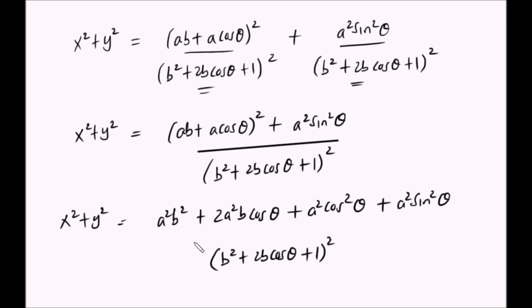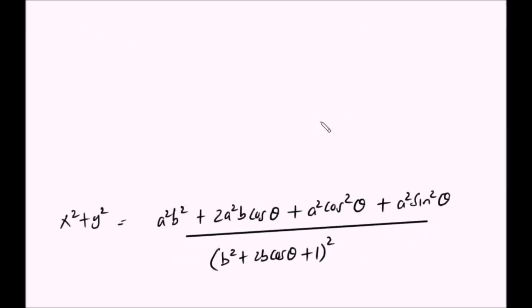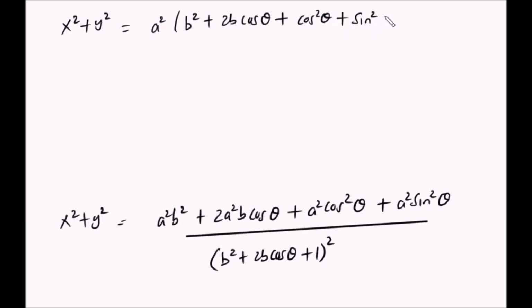Now this numerator we can simplify. If I factor out a squared, you can see x squared plus y squared is a squared taken outside, then remain with b squared plus 2b cos theta plus cos square theta plus sin square theta.